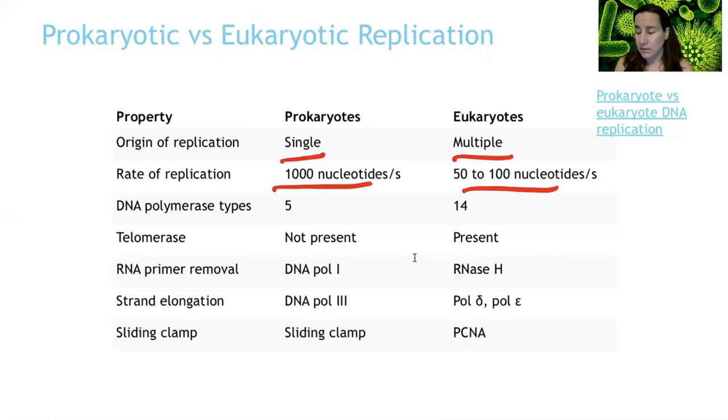I want you to know that there's one origin there, and we've got lots, and that they are much faster than we are at copying the DNA. If you want real detailed info on comparing prokaryotes to eukaryotes and the differences in regards to replication, watch that video because he goes into lots of details, way more than I do.